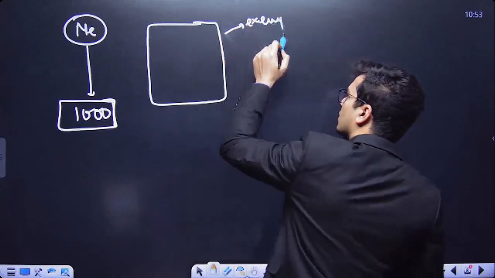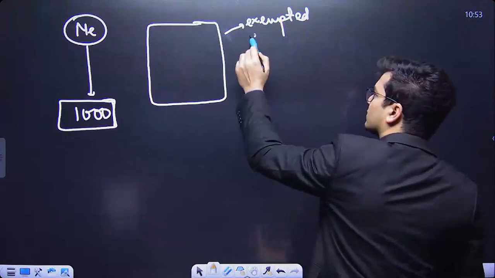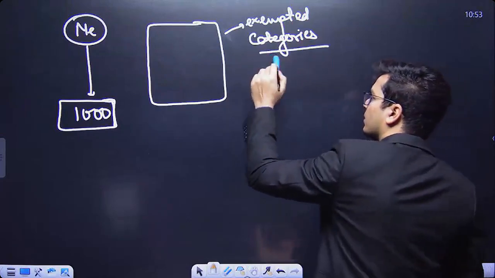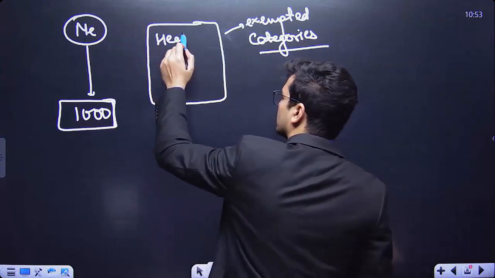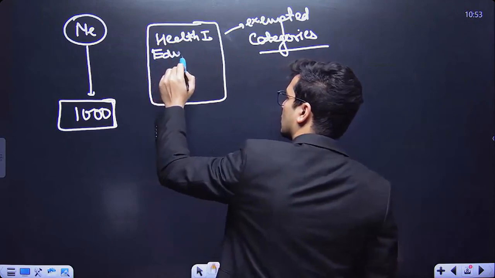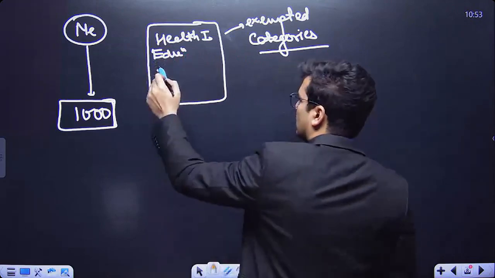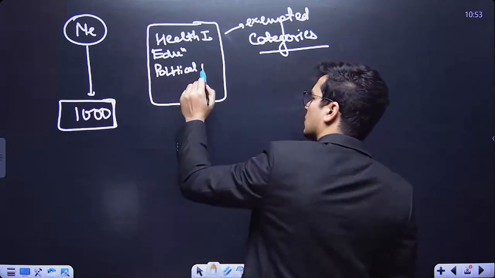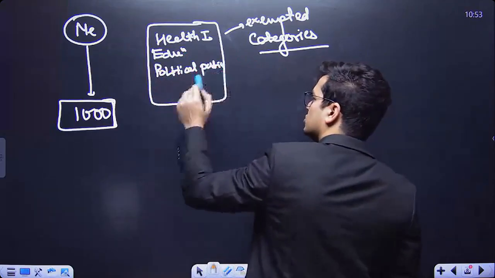Exempted categories of expenditure. For example, buying health insurance, buying education, donating to political parties, donating to NGOs.